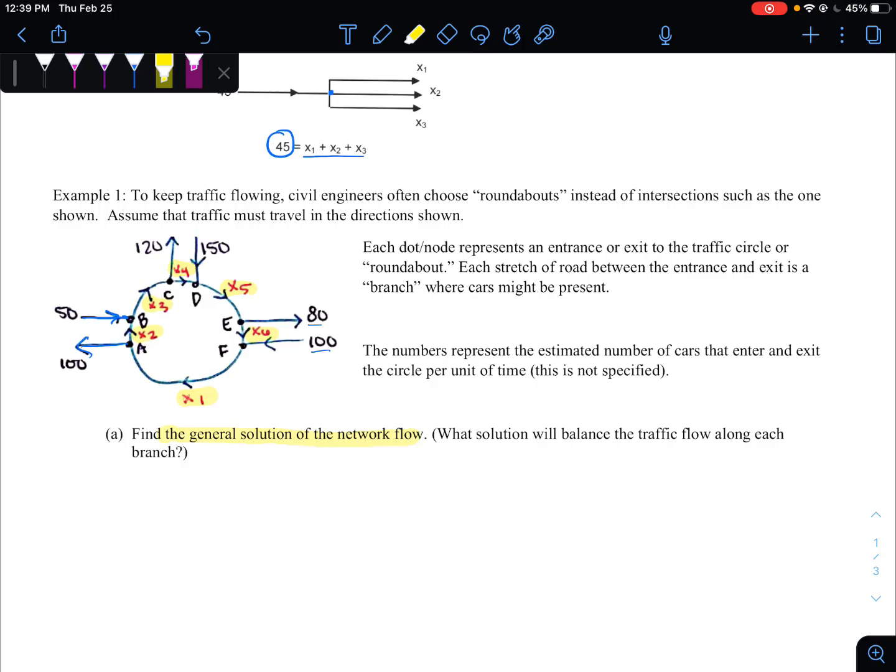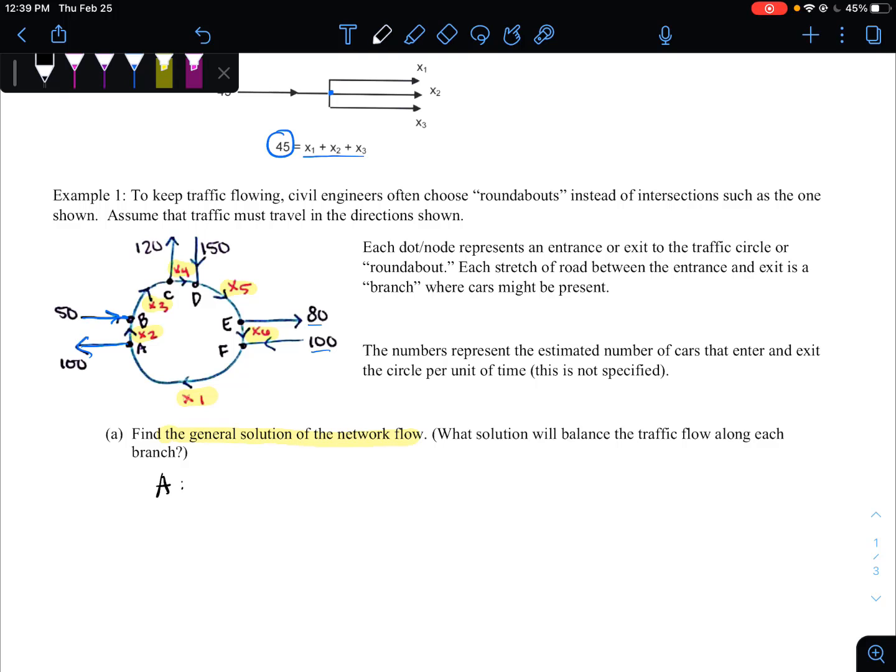In order to set up a system of linear equations, we're going to look at each node, where we have that rate in, rate out. I've labeled them with letters, A, B, C, D, E, and F. We'll look at each of those and write an equation that represents that.